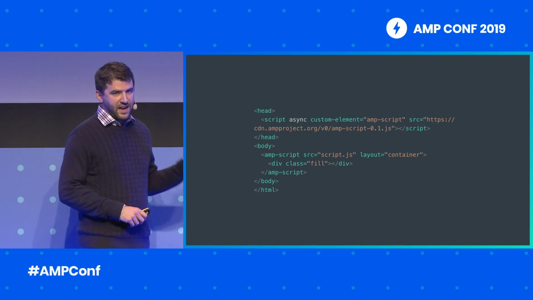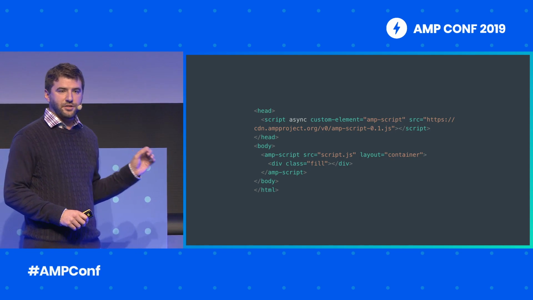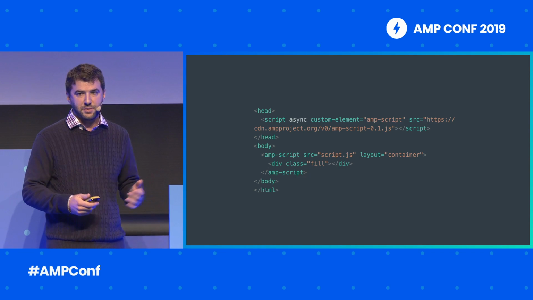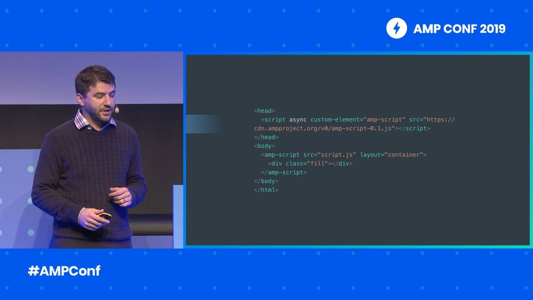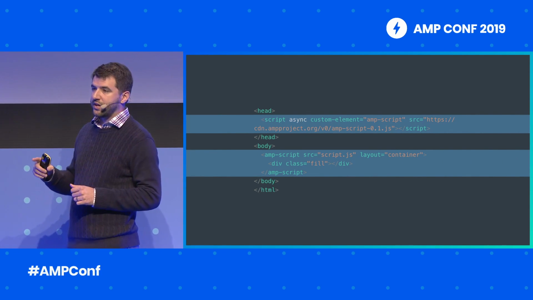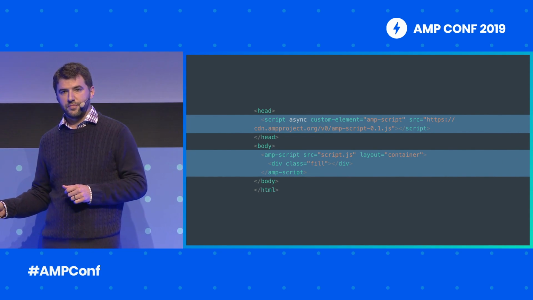We start with a valid AMP document. I've omitted a ton of the AMP document code here to try to bring this example down and simplify it a bit. But really what we're doing first is we're appending a new script tag. That script tag is for the custom element AMP script.